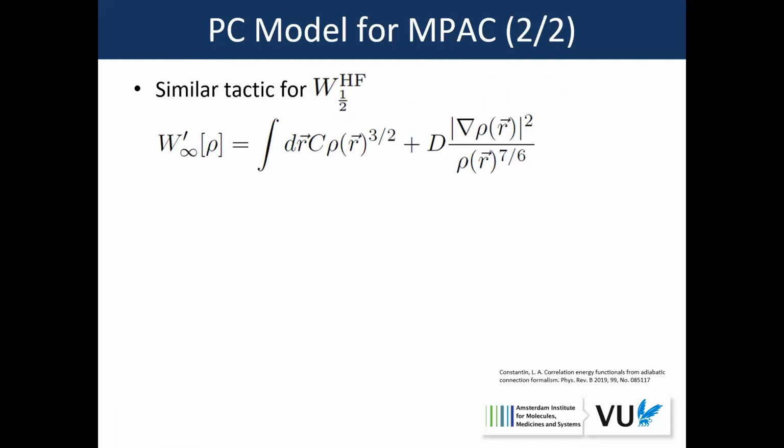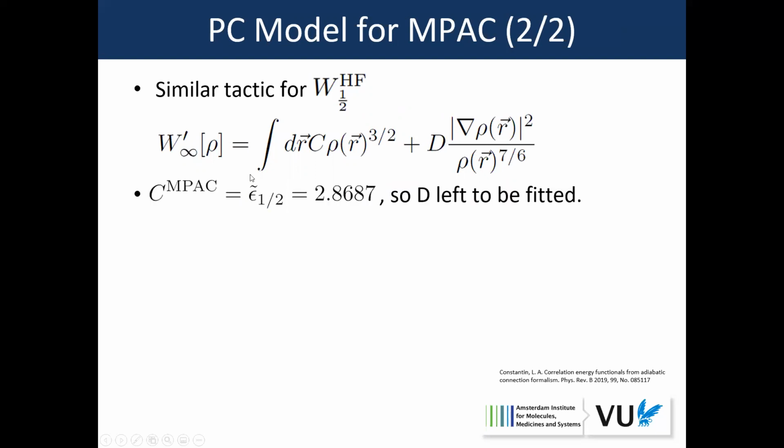Then a similar tactic which Arthur has used for the W1/2 for Hartree-Fock is by using this again, and then again using the exact data which we can calculate for W prime, which is in the Hartree-Fock W1/2 for this model. Again, for scaling reasons, these functional forms will stay the same. However, the C now needs to change to this epsilon from the 1/2 system, which gives us the following energy.